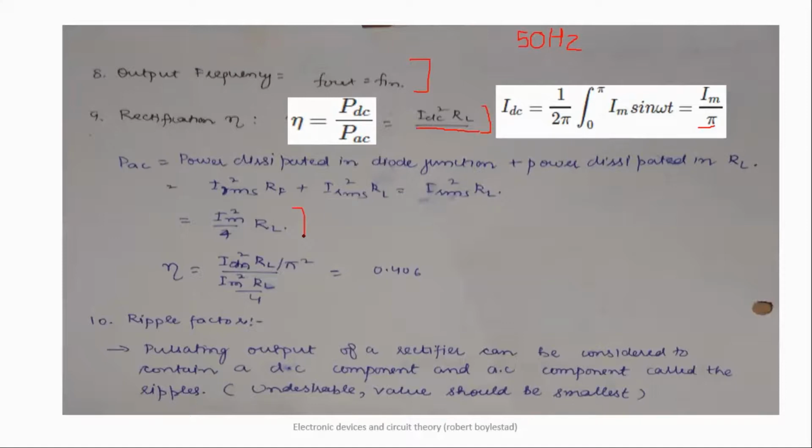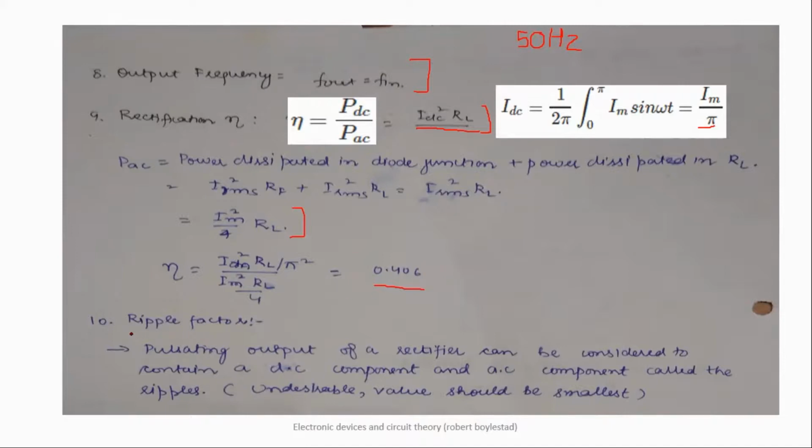So you substitute these two values in this equation and you get efficiency as 0.406. That is what we discussed in the previous classes, that the efficiency of a half wave rectifier is almost 40%, or 0.406.